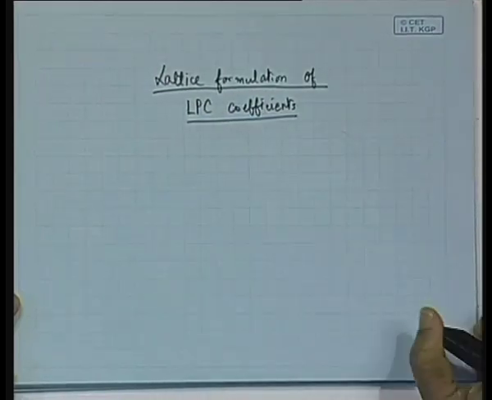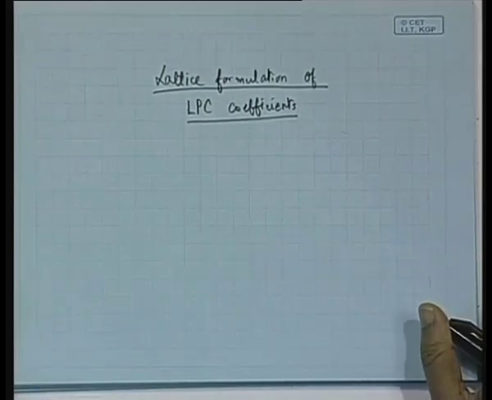Over the past few classes we have been discussing different approaches to compute the LPC coefficients. The problem we posed a few classes back, but then we have seen that the challenge lies in obtaining the optimal set of coefficients based on the observed speech. We discussed methods such as the covariance method and the autocorrelation based method, and there we saw that the approach becomes an iterative one, so that one can efficiently compute all these coefficients alpha k, where k varies from 1 to p.